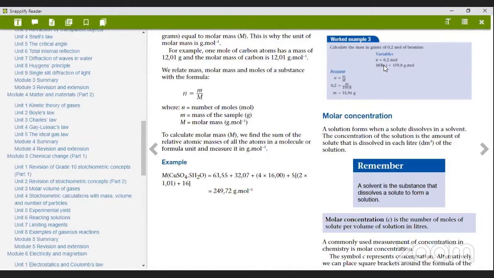Yes, you see the bromine, the atomic mass of bromine is 79.9. So what they do, they times it by 2, and then now you have the molar mass of your bromine, and then n is already given in mole, and then you just substitute them into your formula, and then you can find your answer.